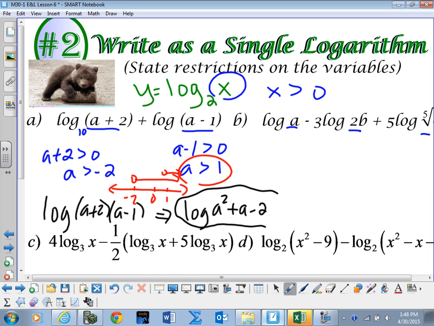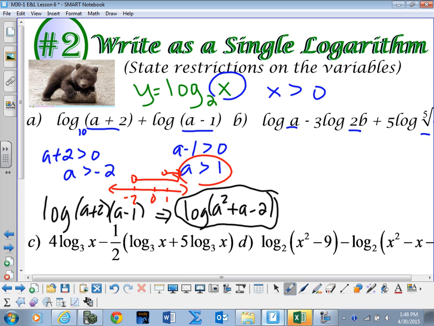So as a single log, it would look like this. The base is 10. Really, a bracket around that term would be required because we have 3 parts to that term. It's a trinomial. We should have it in brackets. But the base in that example is 10. I don't have to write it in.